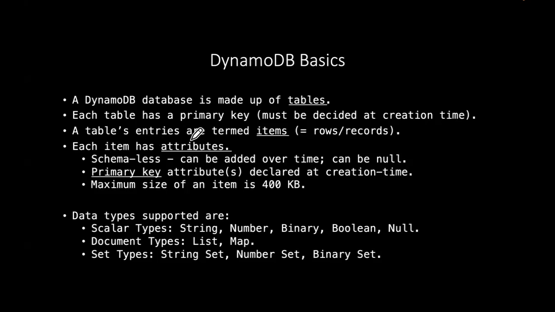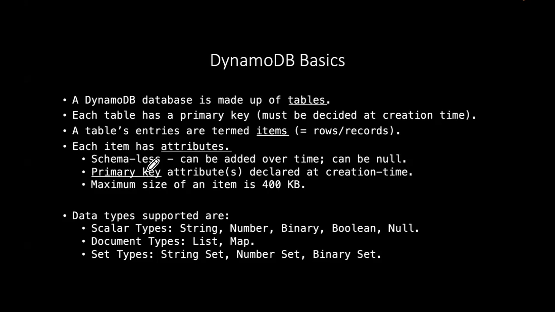This attributes idea, this is where the schemaless comes in. So we would say that in a particular table, the items in that table may have different attributes. That's what schemaless really means. However, the primary key attribute has to be the same for every item in a table.